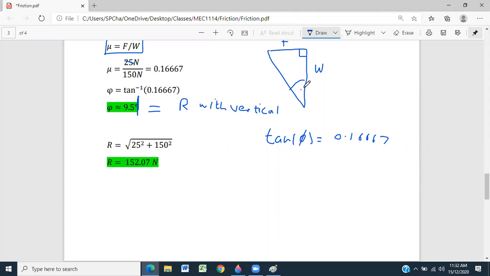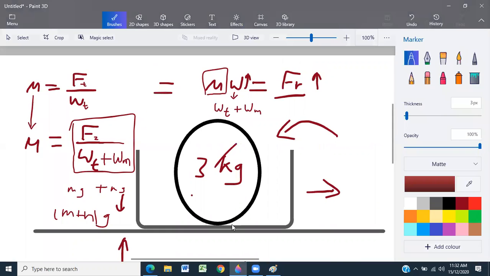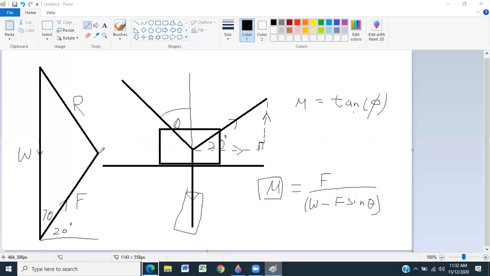That's this angle. So this angle here is that same phi, which is 9.5, right? This angle here is also 9.5. The sum of the three angles in the triangle equals 180, right?